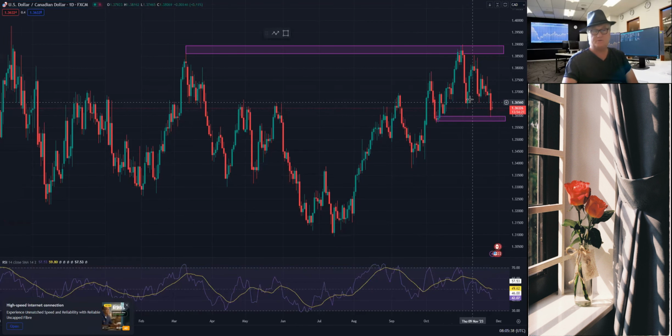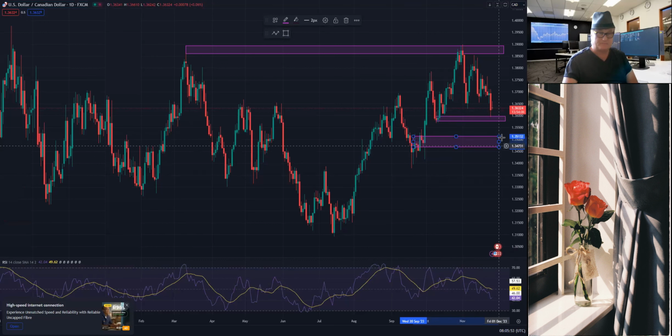You could take a short on this if it comes back up to around this 137 and comes down to this area. You've got a nice sort of resistance down here as well if you look a little bit further down.